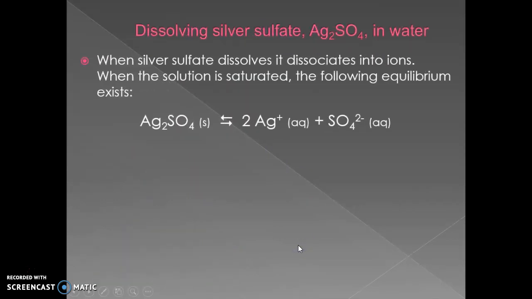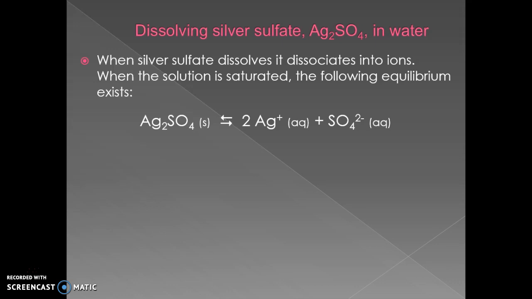All right, so let's take a little bit closer look at this idea of solubility equilibrium. We're going to use silver sulfate as our example. So silver sulfate is supposed to be insoluble. To a certain extent, it's going to dissolve and dissociate into ions.